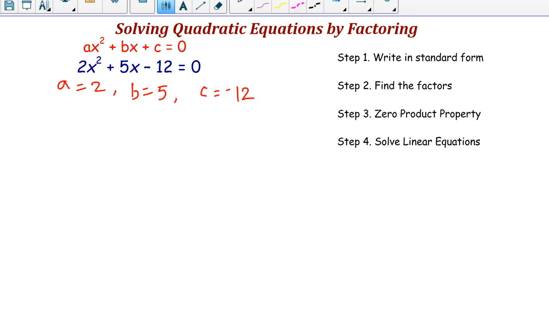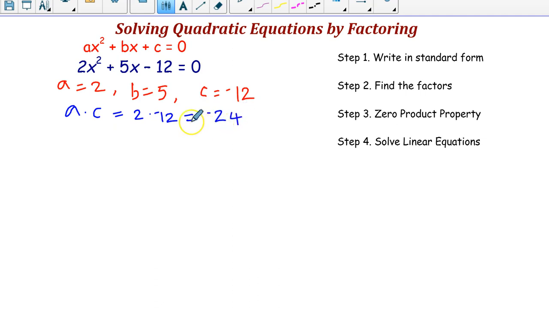Now, what is the next step in this process of factorization? I'll multiply a with c. So the product of a and c is 2 times negative 12. 2 times 12 is 24. Plus times minus is negative, so I'll write negative 24.